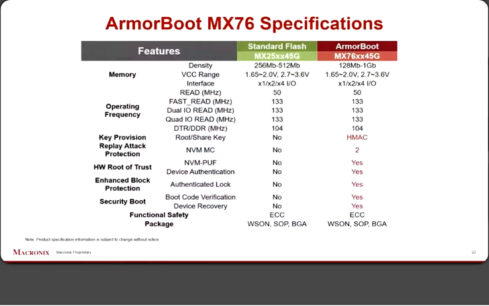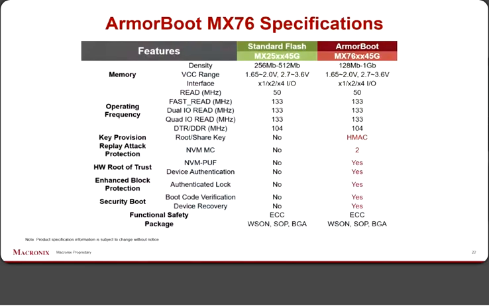The density range is 128 megabit to 1 gigabit, and you can see the VCC ranges that we have. The interface can be single, dual, quad, and coming soon a by 8, an octal interface.